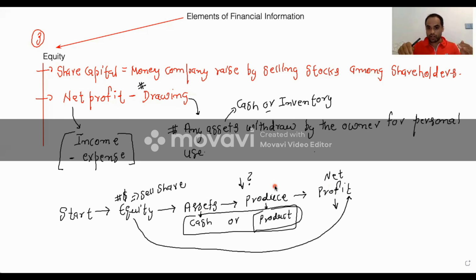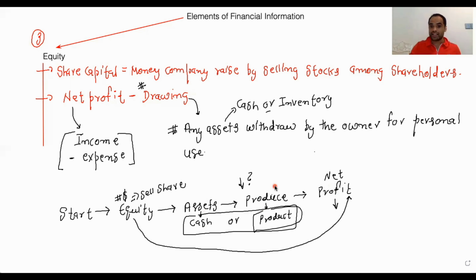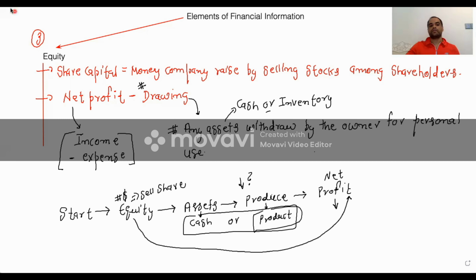You sell less product, less sales, less profit. So that's why we have to subtract this drawing from your profit every time we calculate equity. That's all for equity.